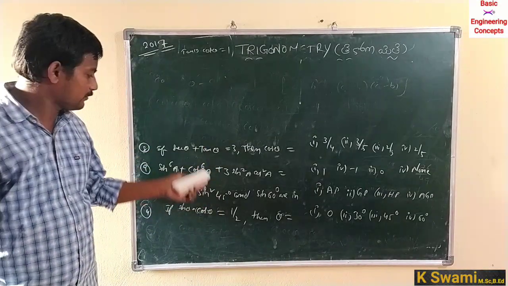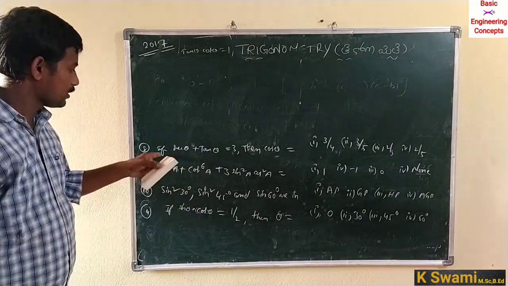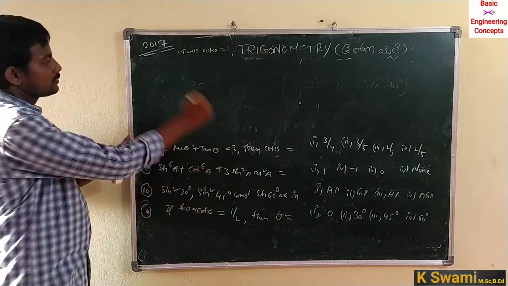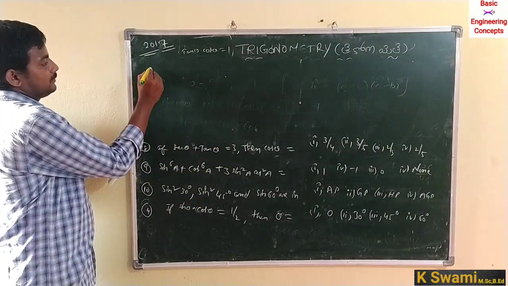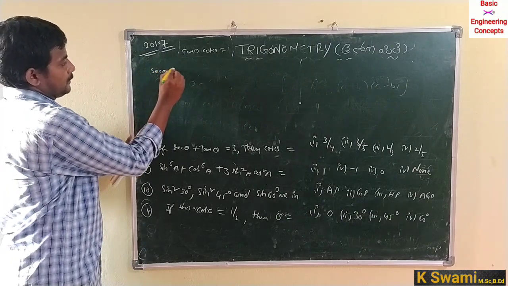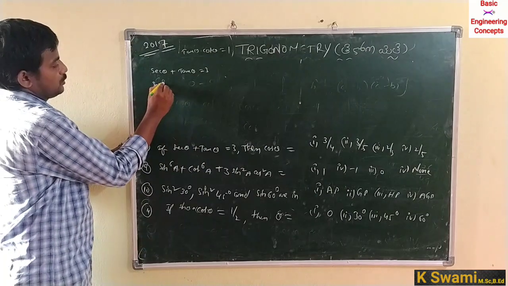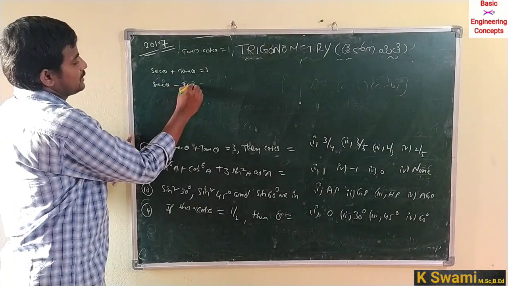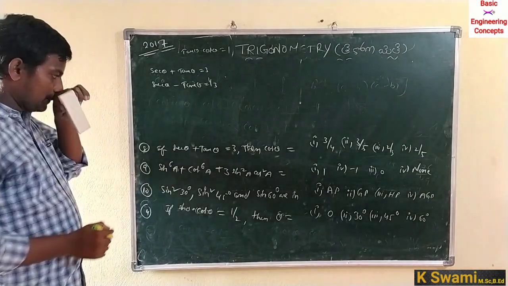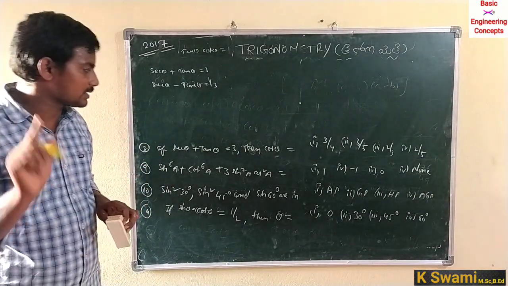Let us discuss the four questions that came in 2017. The first question: if secant theta plus tan theta is equal to 3, then secant theta minus tan theta is equal to 1 by 3, because secant square theta minus tan square theta is equal to 1.